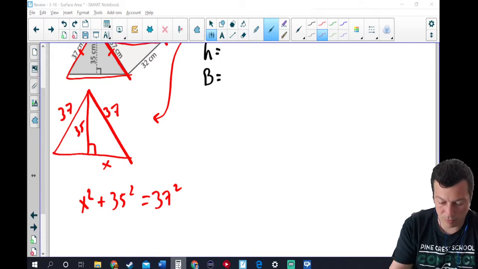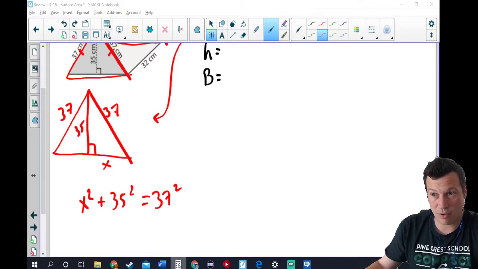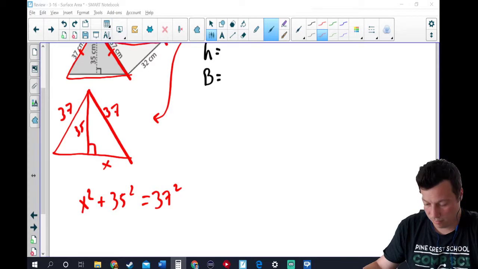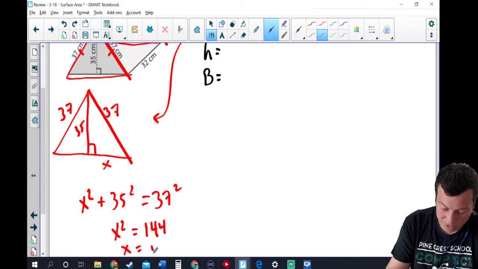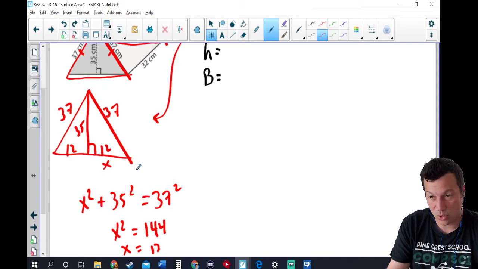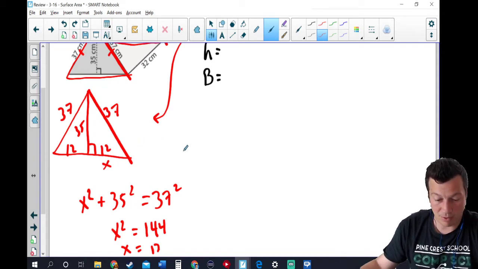So 37 squared minus 35 squared is just 144. And so the good news is that means x is 12. So this value right here is just 12, which means that whole side is just 24.